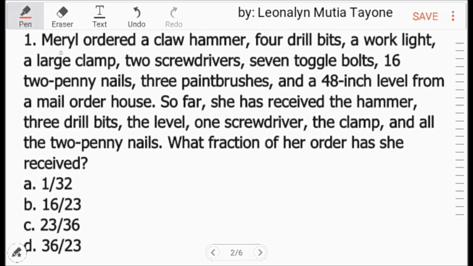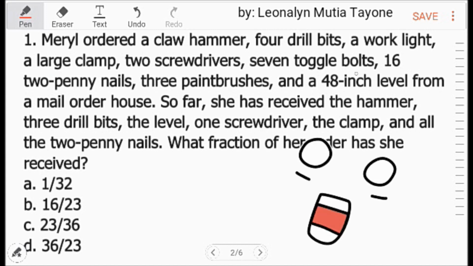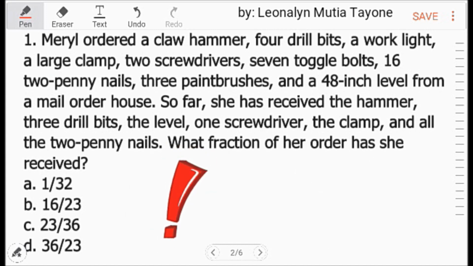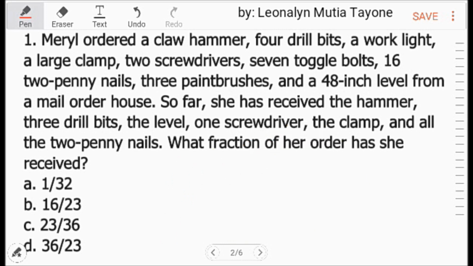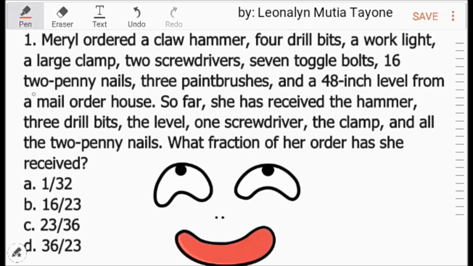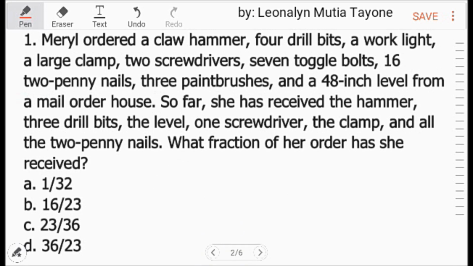Number 1. Meryl ordered a claw hammer, 4 drill bits, a work light, a large clamp, 2 screwdrivers, 7 toggle bolts, 16 2-penny nails, 3 paint brushes, and a 14-inch level from a mail order house.